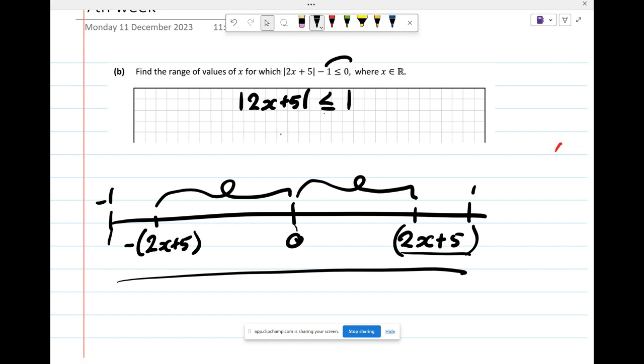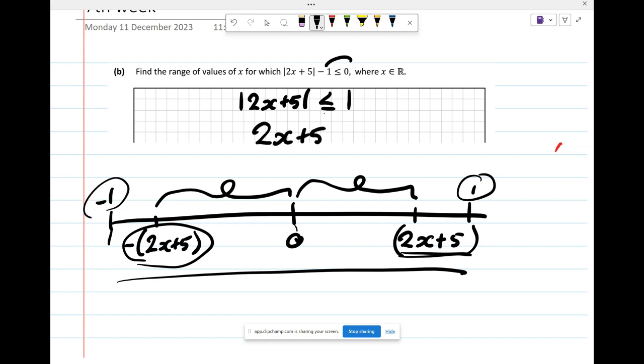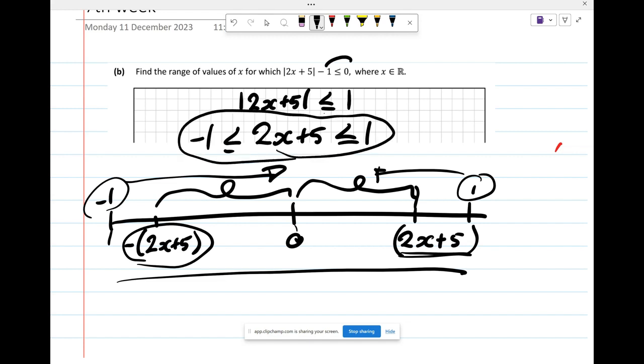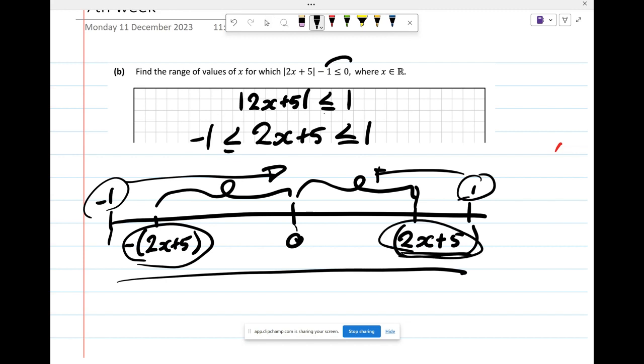So if positive 2x plus 5 is less than 1, and minus 2x plus 5 is greater than minus 1, then we can rewrite this up here as 2x plus 5 less than or equal to 1 and greater than or equal to minus 1. That's why I told you this trick during the grind, but this is the reason behind it, because the distance is less than 1, and when it's greater than minus 1, it's up here.